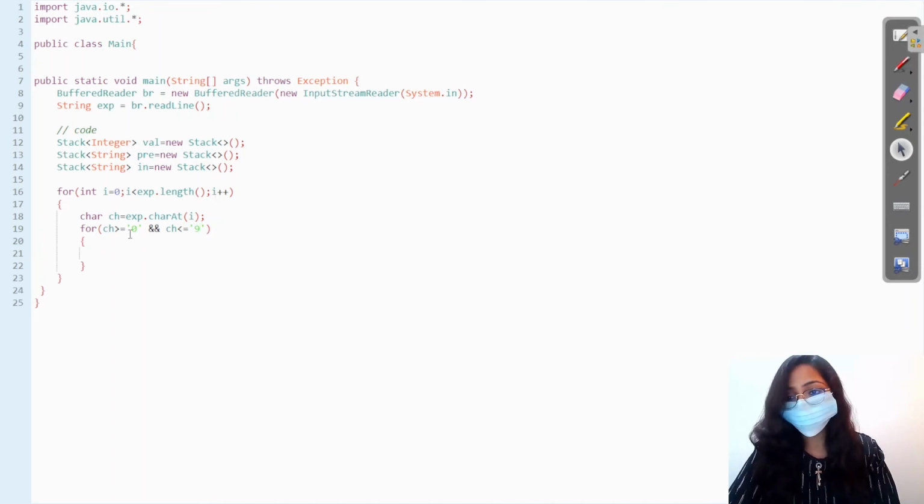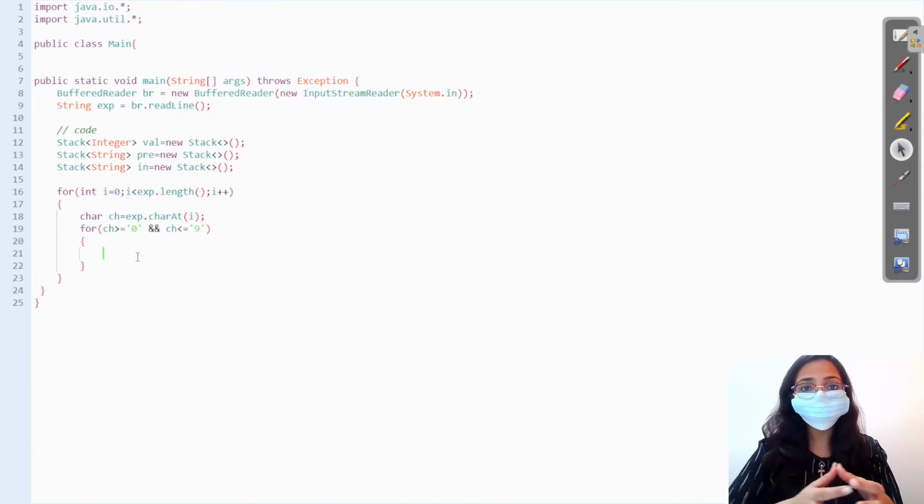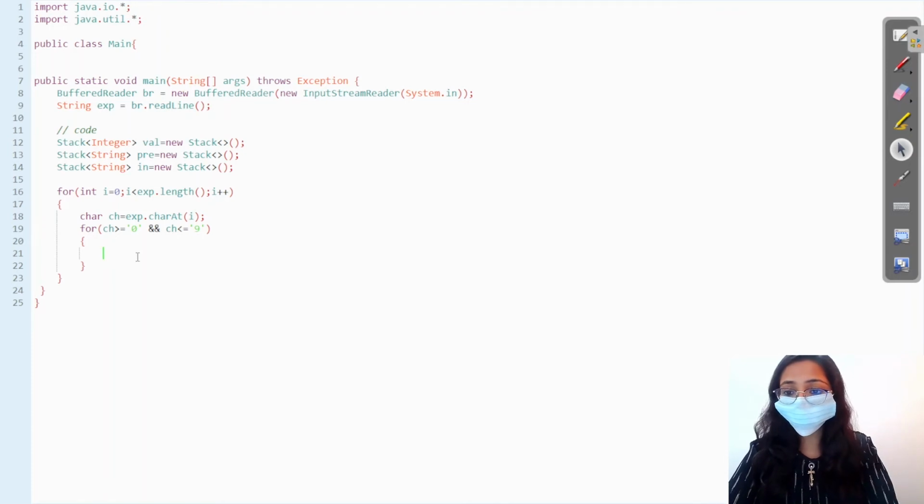In this case, if we have an operand or if we have a value which is between 0 to 9, what we need to do was we wanted to put all these values onto the stack. So we'll push it onto the 3 stacks. So first it will go to the value stack. Okay. We'll push it onto the prefix stack and also the infix stack.